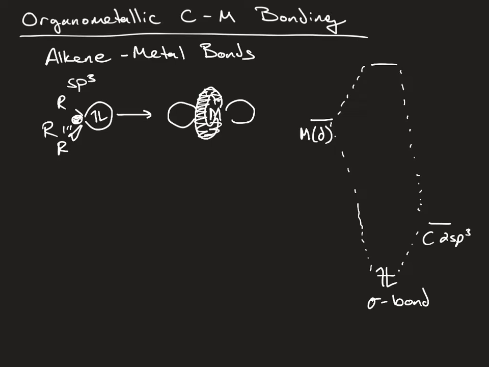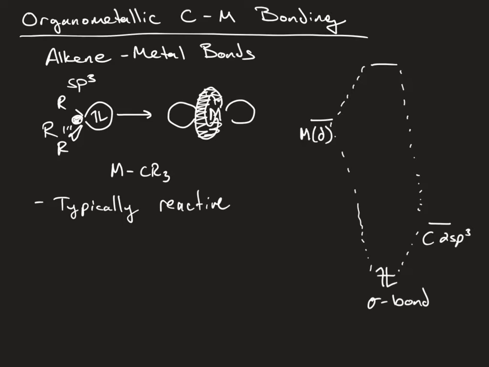This type of bonding motif is typically reactive. The reason that it's reactive is because you only have one type of orbital interaction that's stabilizing the overall metal-carbon type bond, that sigma bonding type interaction.